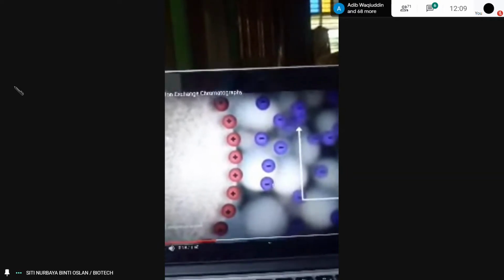For this example, they have a positively charged matrix. The positively charged matrix will attract the negatively charged protein.